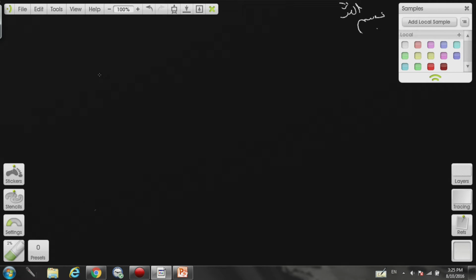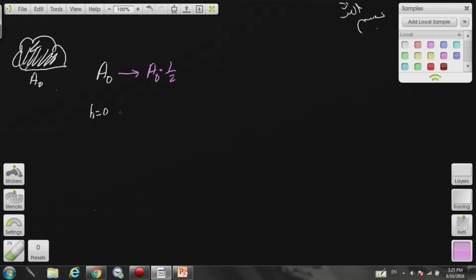So let's say the initial amount is this. At time 0, you have let's say this much amount of stuff, and the amount of stuff you have is A0, the amount at time 0. This is when the half-life is 0. No half-life has passed, right? Now, after one half-life, the stuff that will be remaining will be this much, half of the original amount.